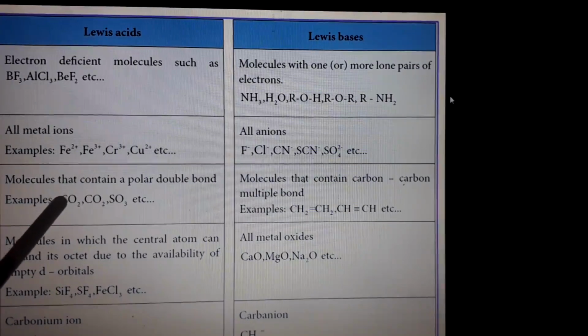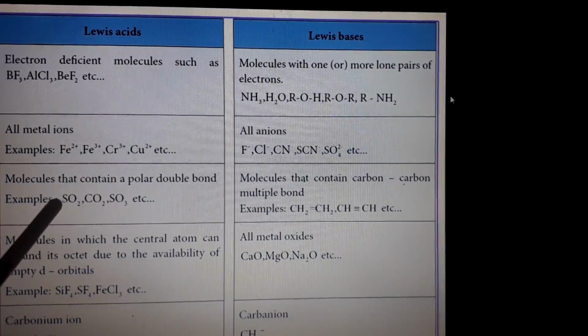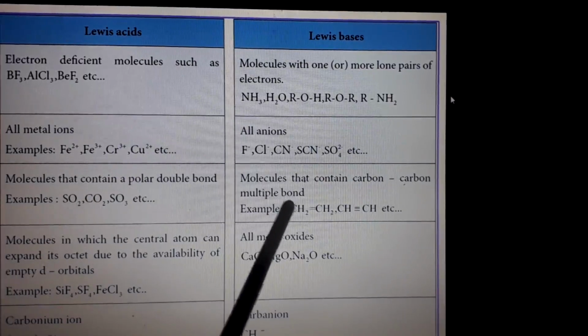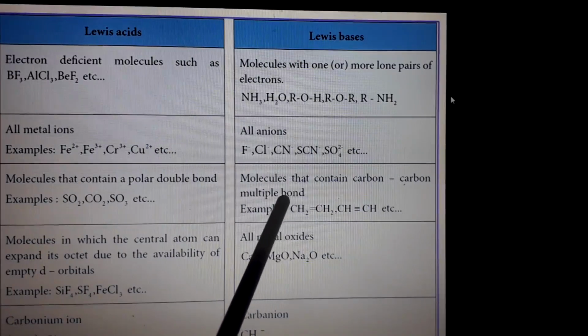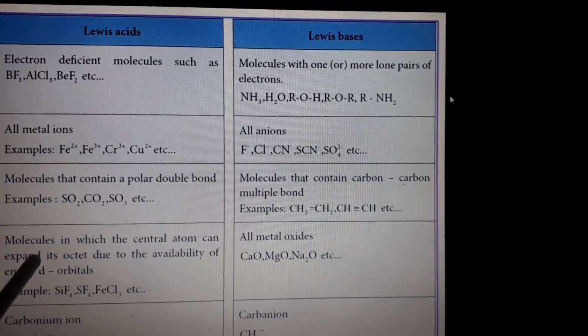Next, polar double bonds. Sulfur dioxide, carbon dioxide, sulfur trioxide have double bonds between sulfur and oxygen. They are all polar double bonds. And then carbon-carbon multiple bonds, that is alkene and alkyne. These are examples for Lewis bases. Okay. Next, molecules in which the central atom can expand its octet due to the availability of d orbitals.